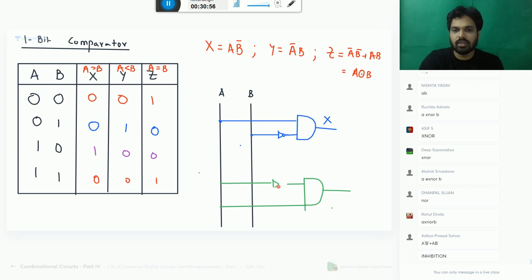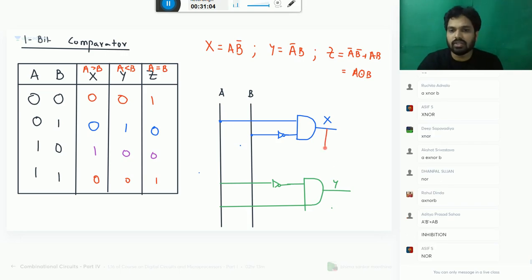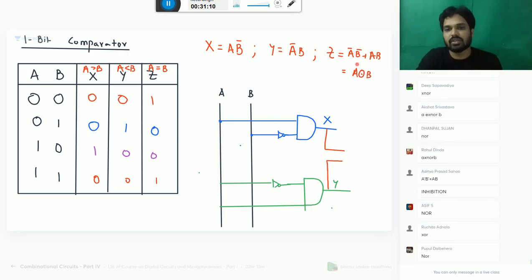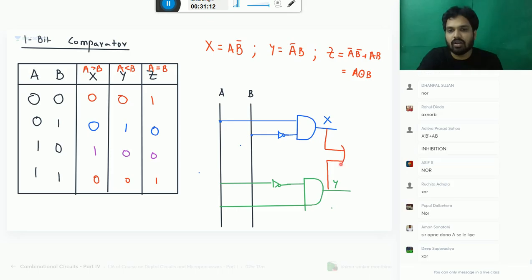You take an inverter here, that will give you A bar. Now, if you take the OR operation of these two, what will you get? A bar B plus A B bar. But I need the inverse, that is XNOR. So instead of OR, I will take, don't worry, I will modify it.